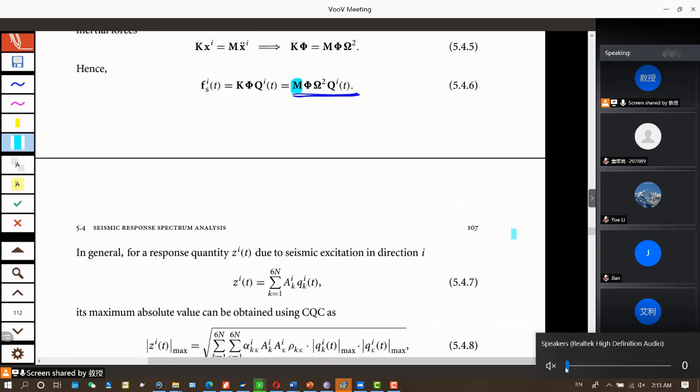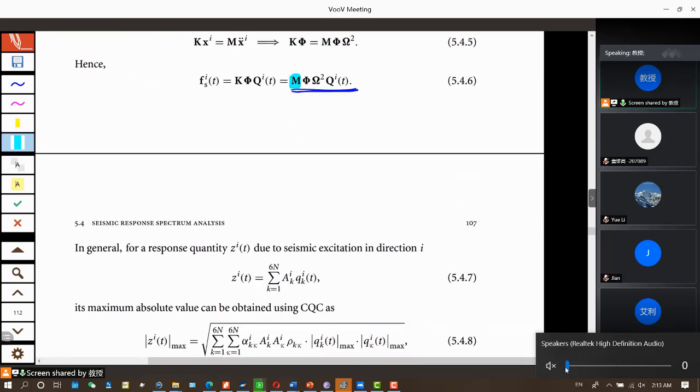It can be the elastic force, or base shear, or the overturning moment. These are used in the design of the structures. So usually we have a linear combination of the modal responses. Now if we have the maximum for Q, we want to find the maximum for Z.